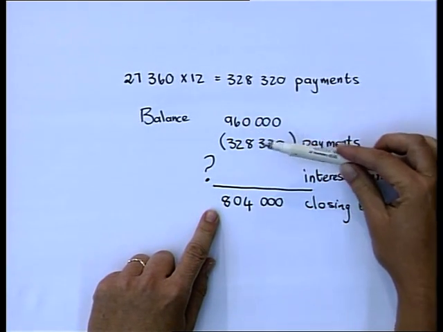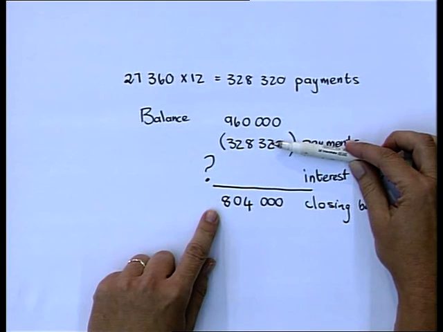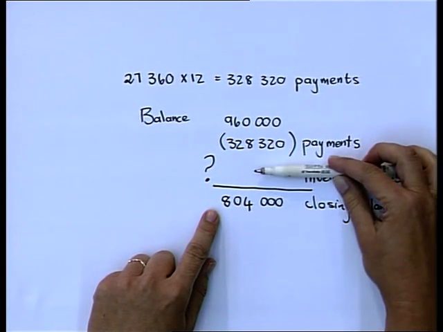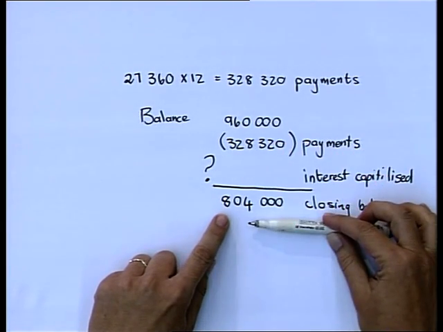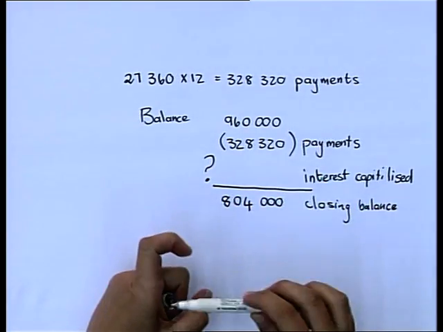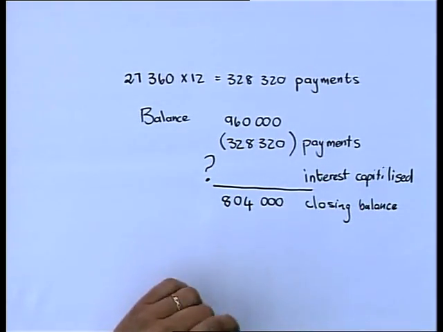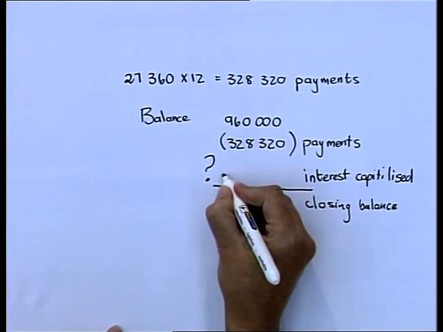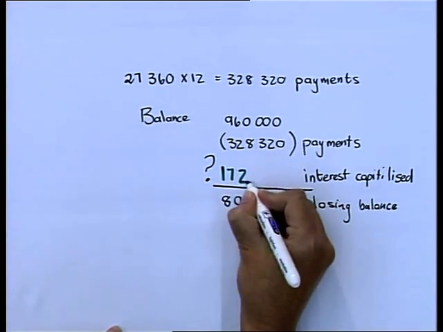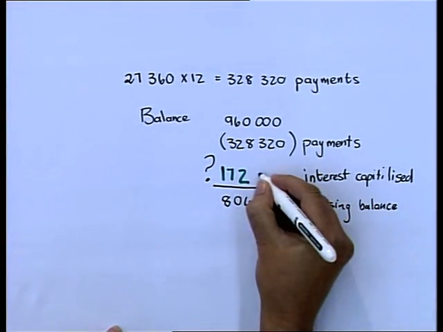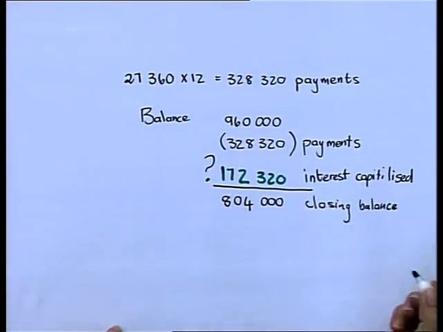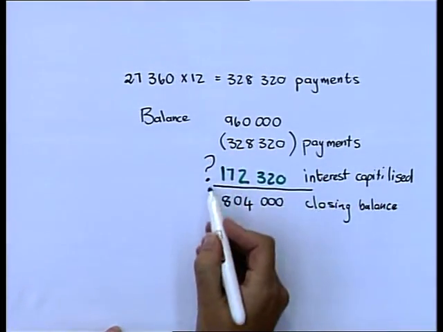So if you go work that out, 960,000 minus 328,320 plus what? Gives me 804,000, and if you simplify that, you will notice that they have capitalized interest to the value of 172,320. And I got this by simplifying this.